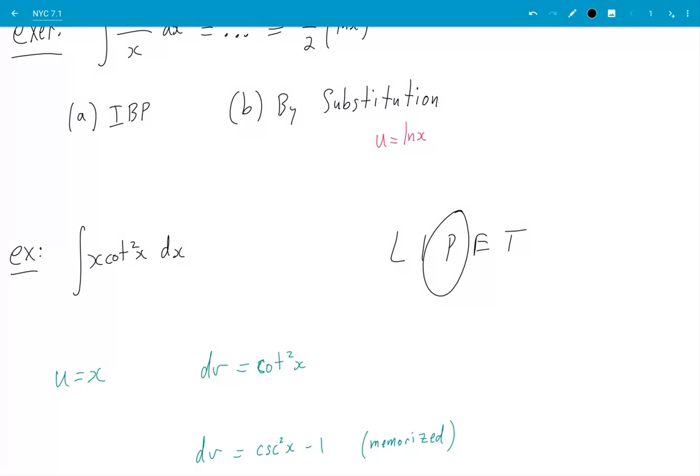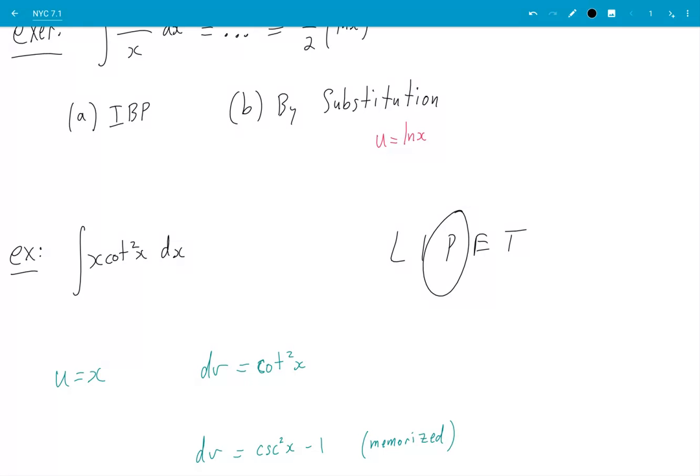Why did I use that trig identity? Why was I motivated? I looked at cotangent squared and said, that's not something I know. The integral of this is not something that rings a bell. However, the integral of cosecant squared, that is something that rings a bell, that I have memorized.